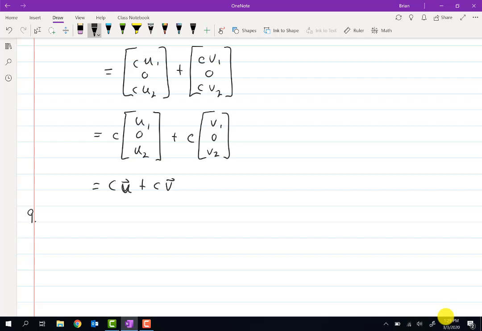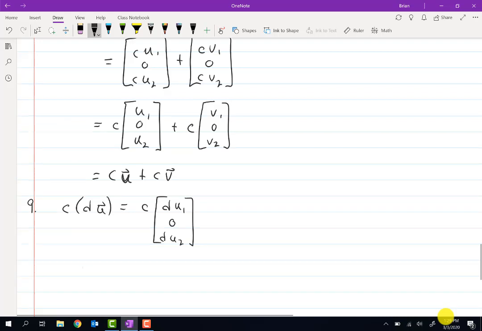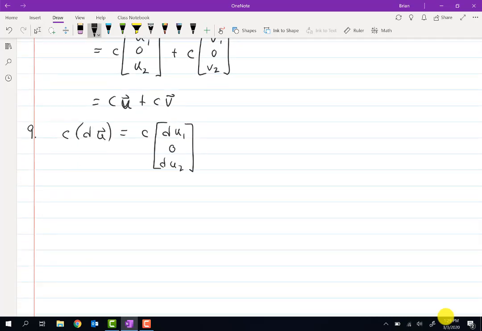For number 9, the associativity property, where we have a scalar times the product of a scalar and a vector. So C times DU1, 0, DU2. I already jumped to the 0 here. I didn't put a D times 0 because, well, that's going to be 0. Now I can multiply the C through. Let's get C times DU1, 0, C times DU2.